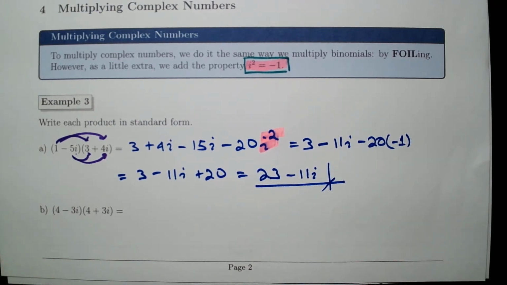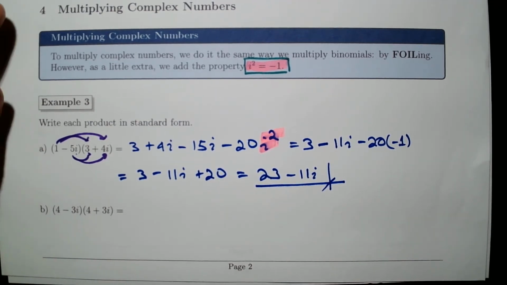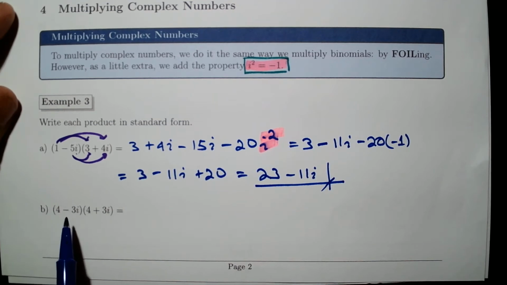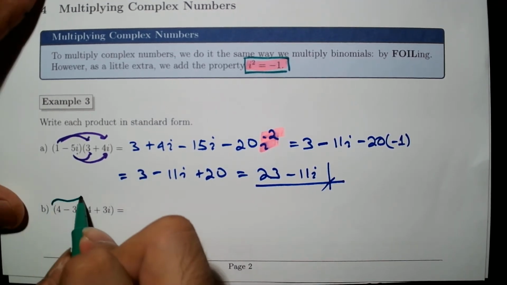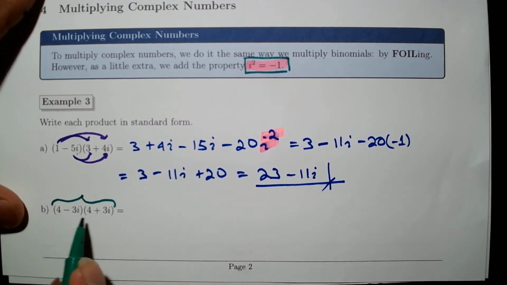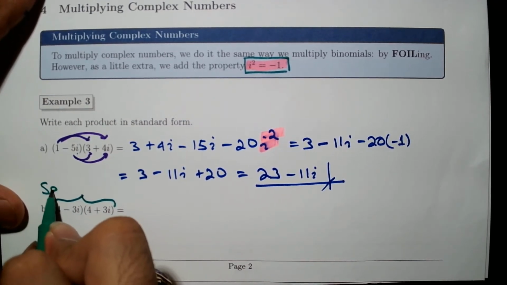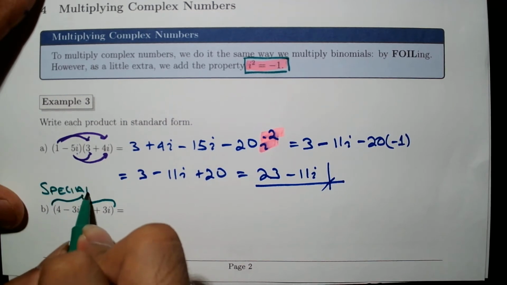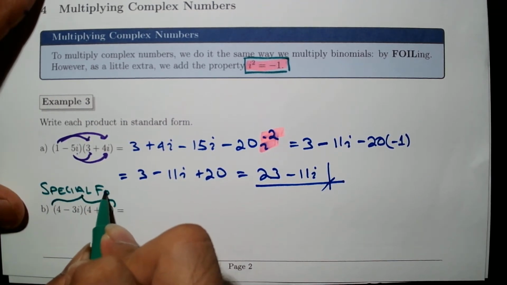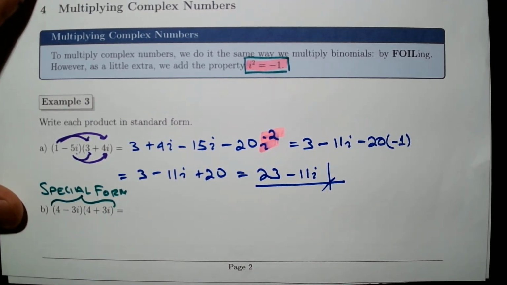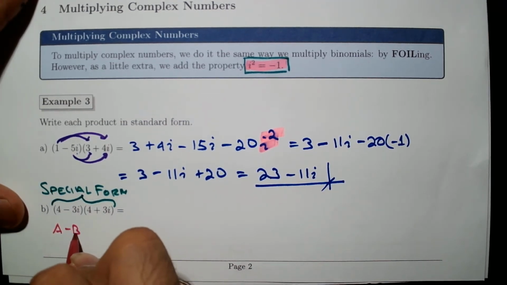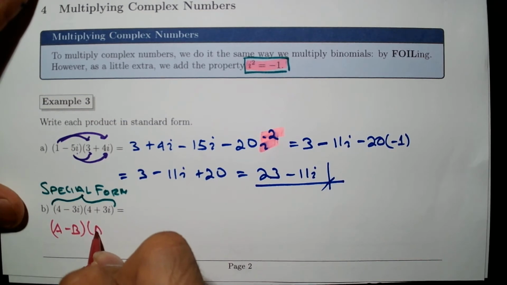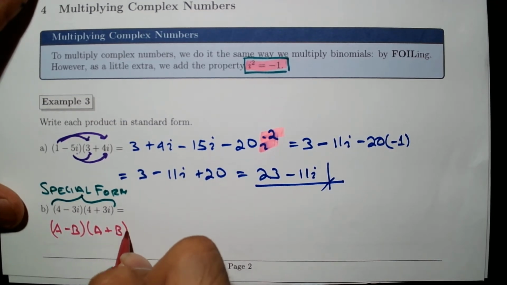Let's do another one. And in this case, for letter B as opposed to letter A, this guy right here, if you look at the form, this is a special form. What do I mean by special form? Notice this is written in the form a minus b times a plus b.